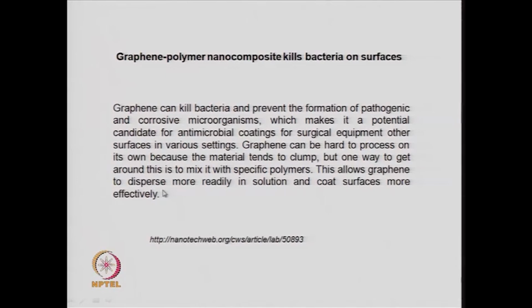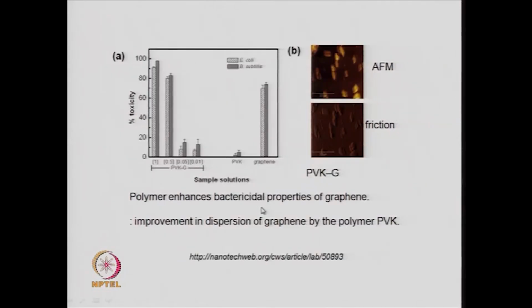So, you want to disperse the graphene very readily in the polymer solution and then coat the surfaces effectively. So, the choice has to be optimal to get very good coatings of these graphene nanocomposites on surfaces. So, this is a proof of the enhanced bactericidal properties of graphene. So, the polymer is enhancing the properties of graphene.